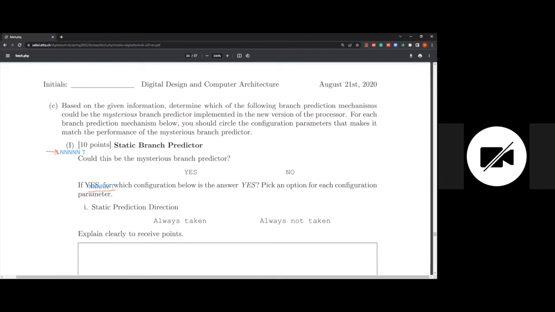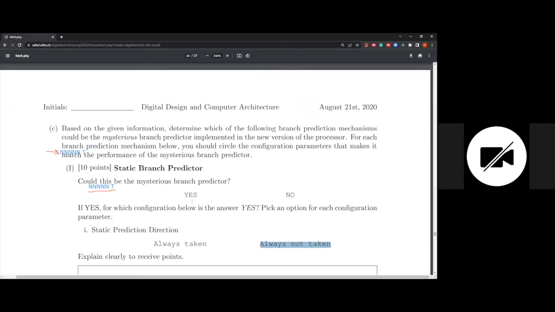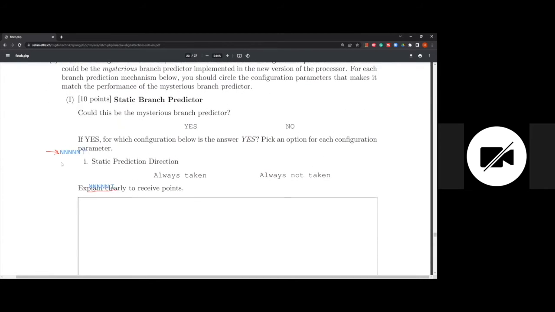Okay, could this be the mysterious branch predictor? The example is a static branch predictor. Here we have 2 options, either predicting always taken or predicting always not taken. If you predict always taken, as you can see, we'll make many mispredictions, right? Okay, let me scroll down a little bit.